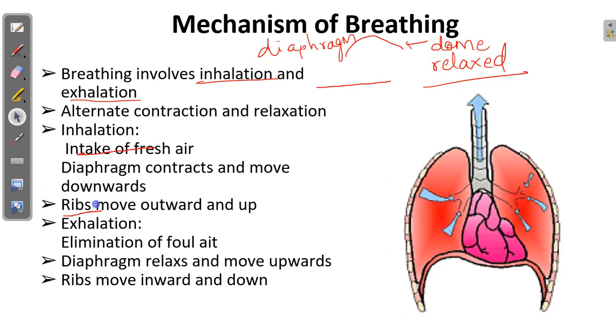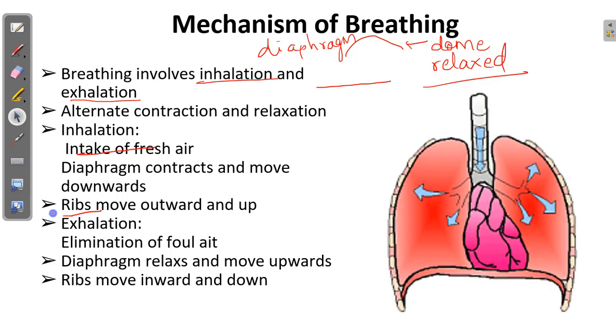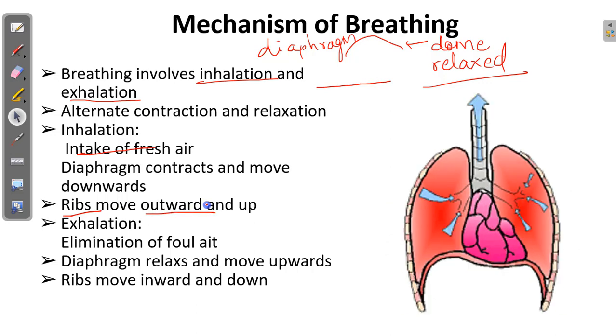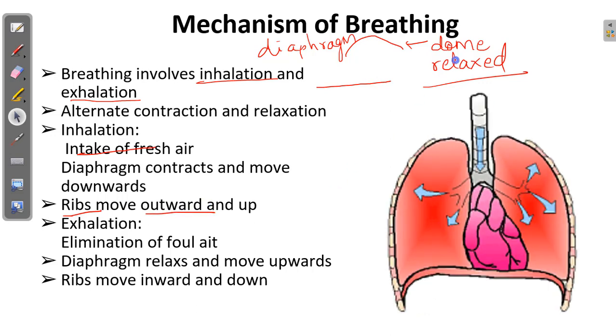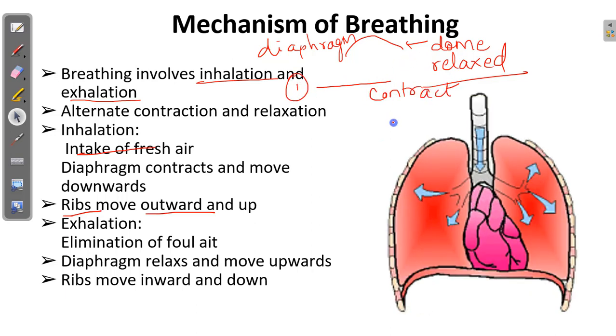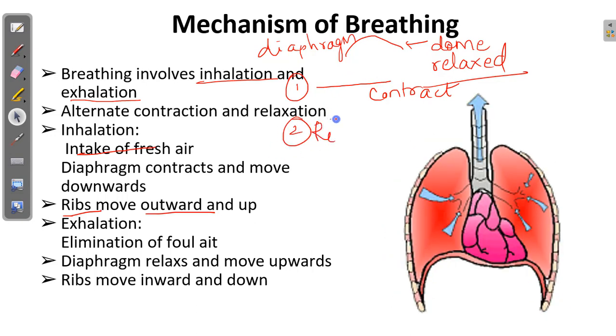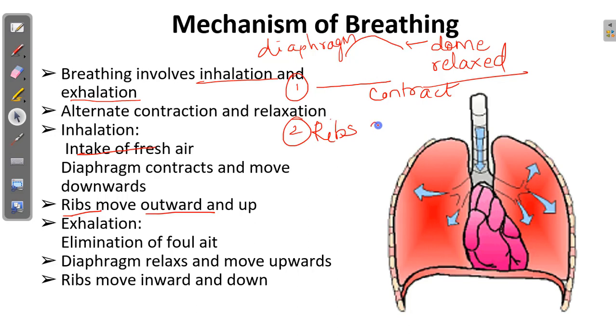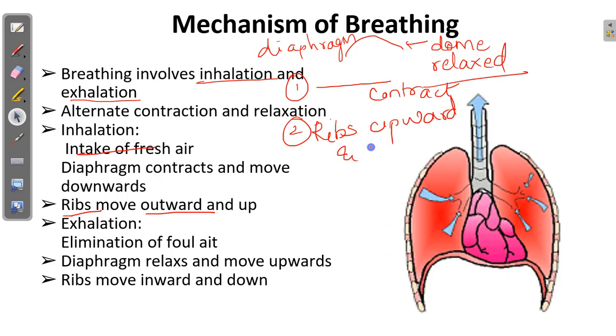The ribs, which are there to protect the lungs, move upwards and then outwards. What will happen first? The diaphragm will contract. Then it will give some space in the thoracic cavity, because of which the ribs will move upwards. It is going up and outwards.